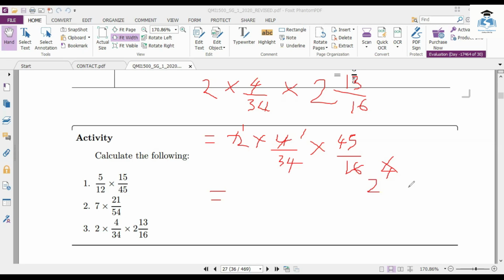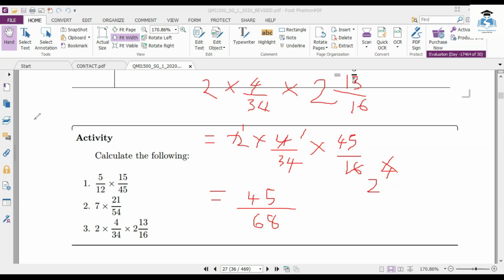Then we multiply the numerators, which is 1 and 45, which is 45, over 34 times 3, which is 68. Yeah, that's it.